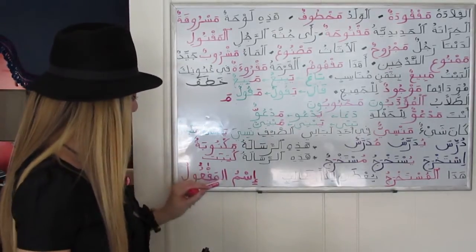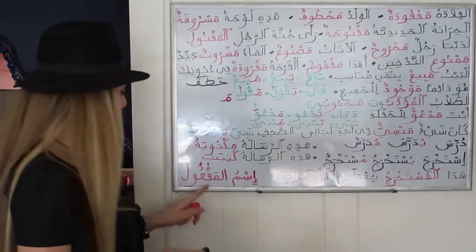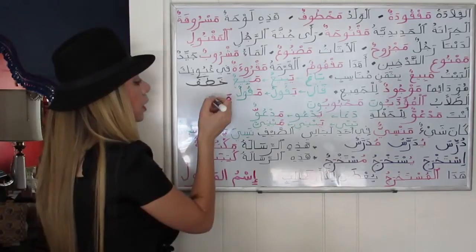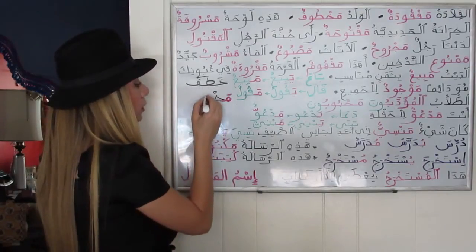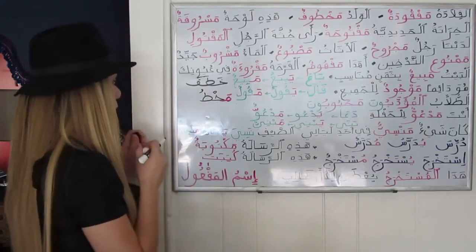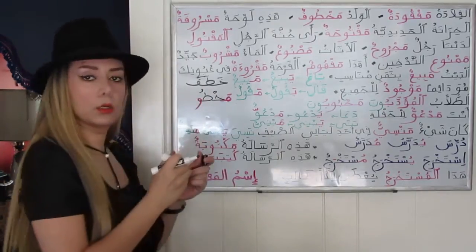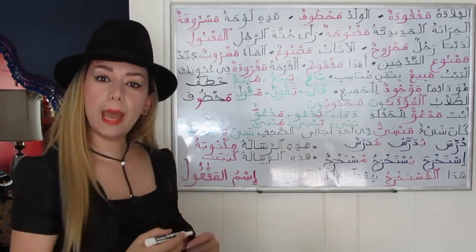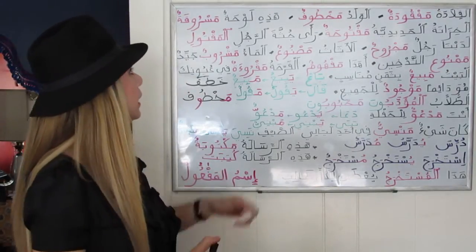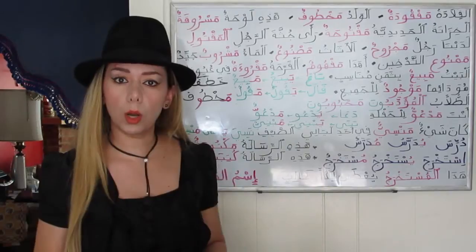The radicals, these are placeholders. So the fa stands for kha, makh with sukun, and ta with dhamma. You add the waw, makhtufun, kidnapped. Alright? هذه لوحة مسروقة.